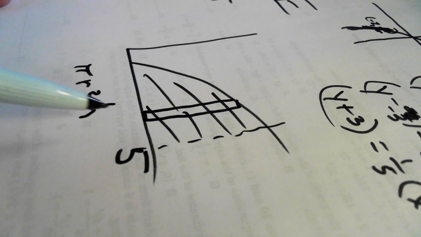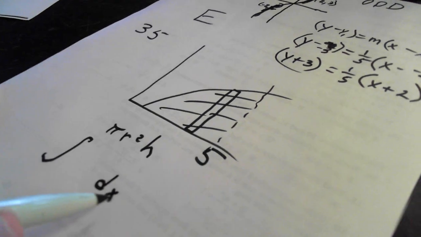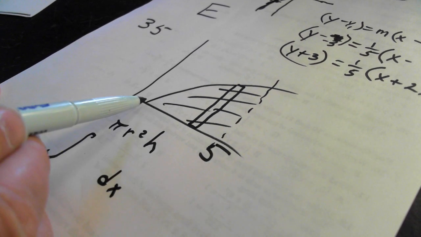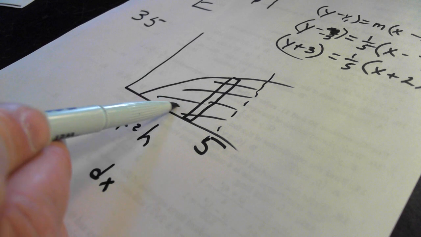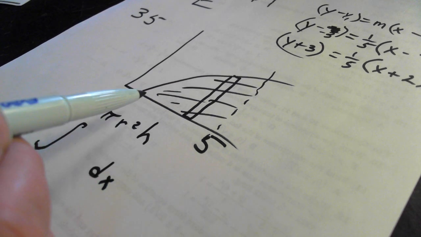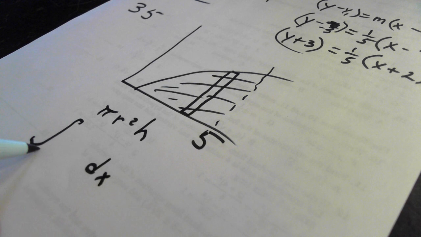To get a whole bunch of wee little h's, you're going to have to do this. And they go from 0 to 5? No. If you look at your graph of ln of x, I think it starts at 1.